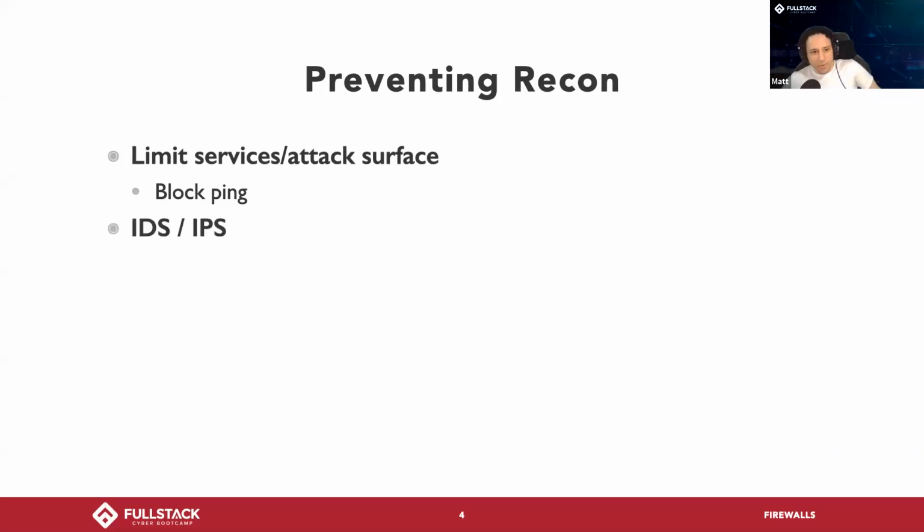Other ways you can prevent reconnaissance are these tools called IDS and IPS. I'm going to use these terms interchangeably. These are advanced tools that will block or change traffic in some way, or they will detect attacks of a whole bunch of different kinds. We're going to learn how to configure one or two of these.